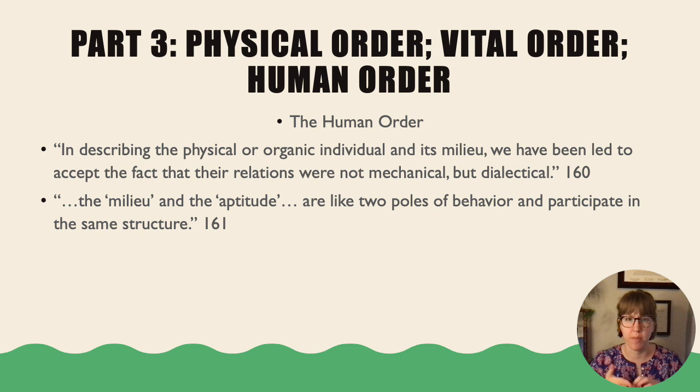We saw the word aptitude in the last chapter in part 2 of this book, where he had already kind of started to talk about humans before. And so, I think that as we go through this part, ideas will be expressed a bit more in depth that relates to this. But right now I can't exactly describe what he means. But this is going to be an important quote to keep in mind, and the words milieu and aptitude.